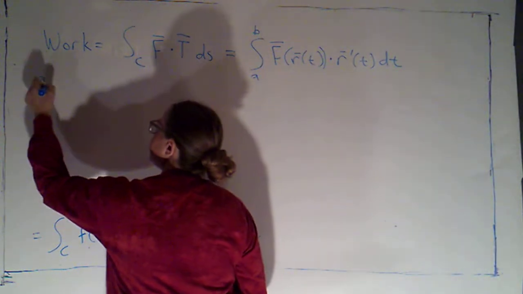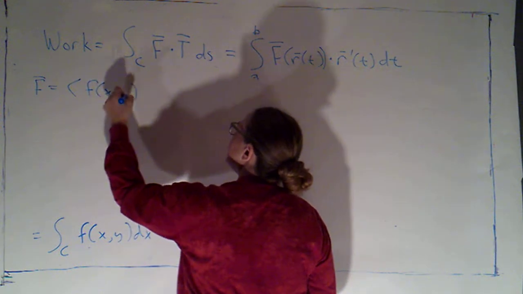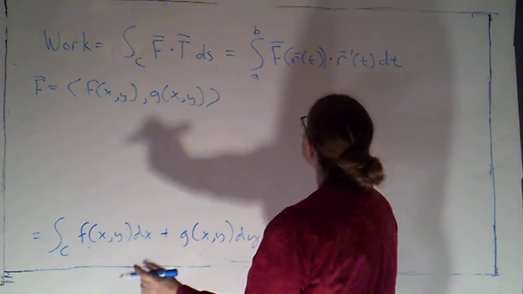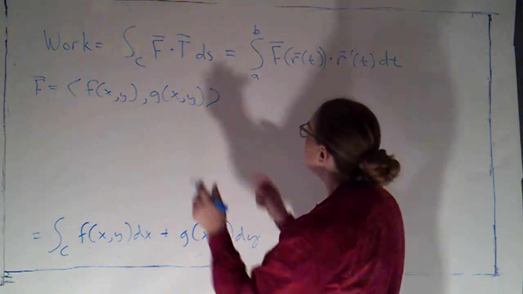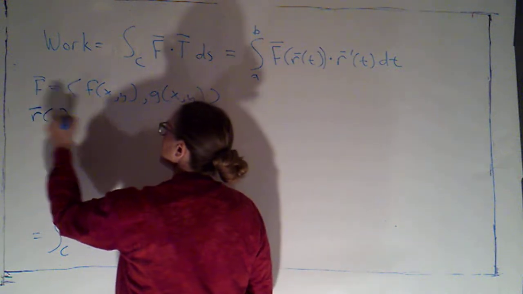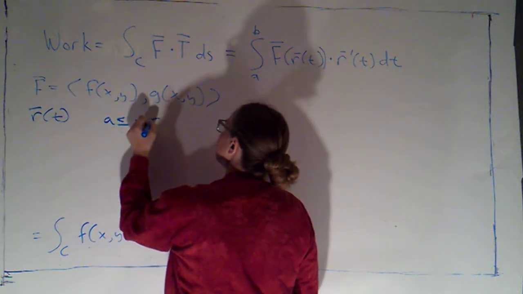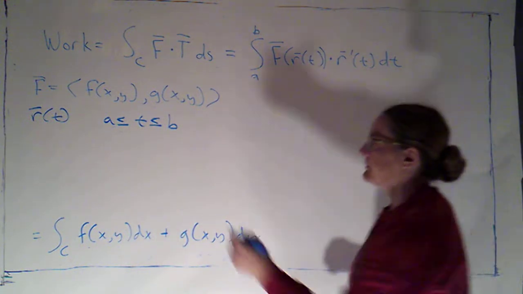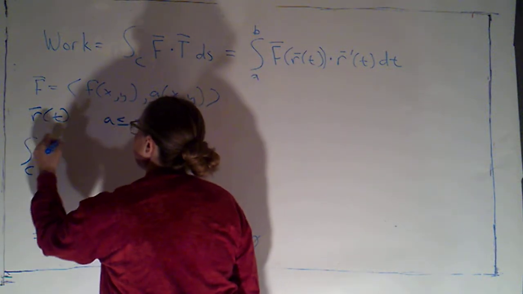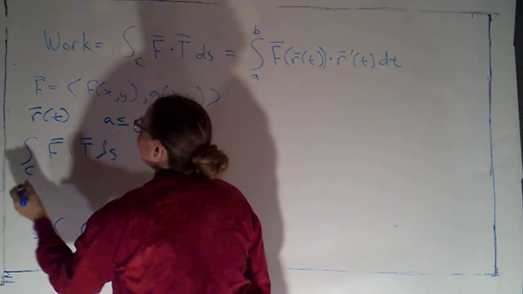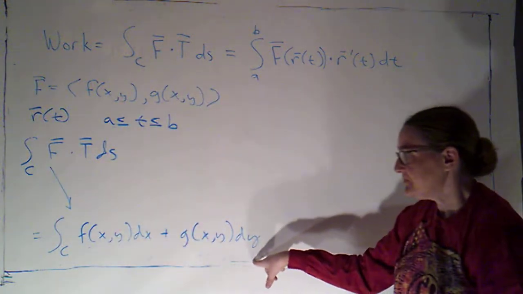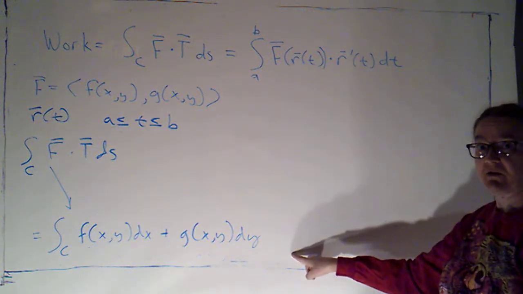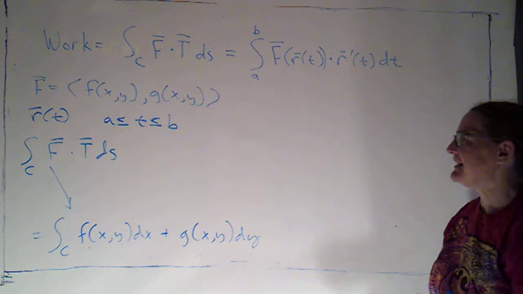Keeping in mind that F, we said, was F of x, y comma G of x, y, and then r of t would be how we would parameterize this, with t varying from a to b. So I can write the line integral along C of F dotted with T ds this way. I'm going to now write it so that I can see how I would actually go about evaluating this by rewriting it in terms of t.